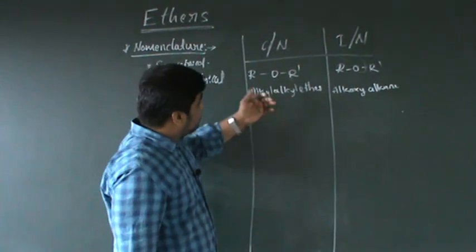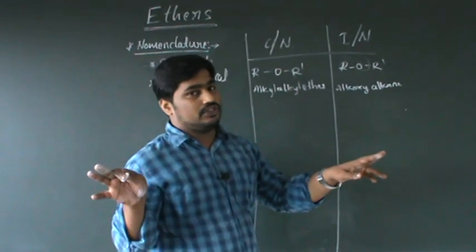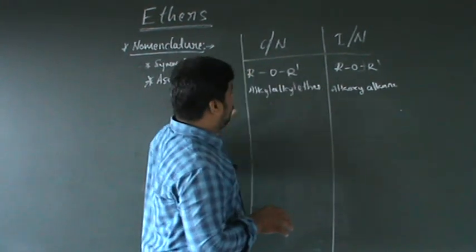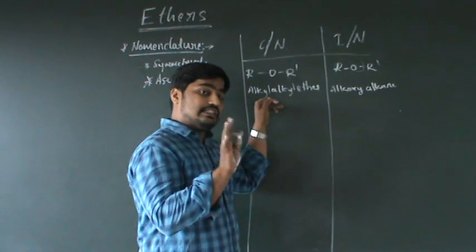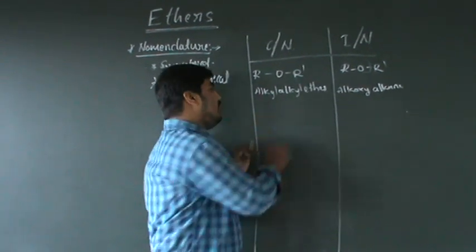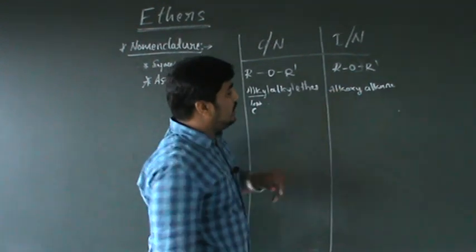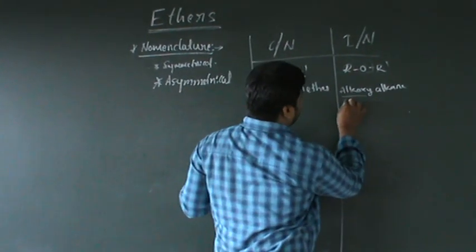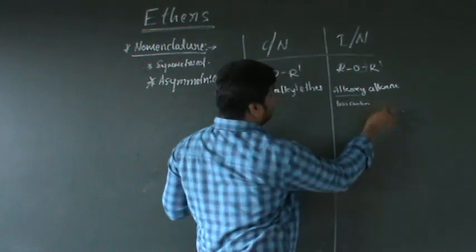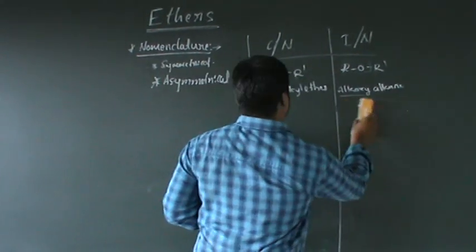The important thing is how many carbons are there on the adjacent sides of the oxygen. The alkyl group that contains the smaller number of carbons is named first. In this case also it is the same, the lesser number of carbons.